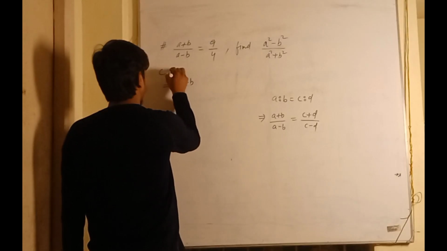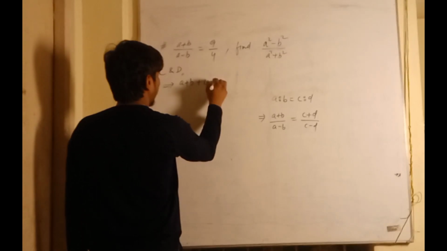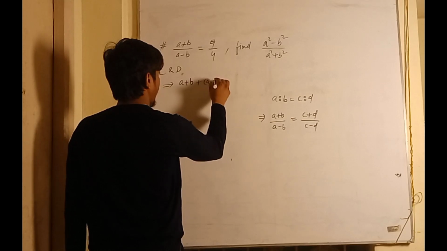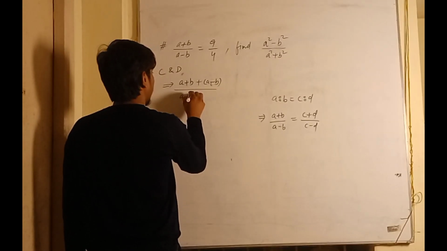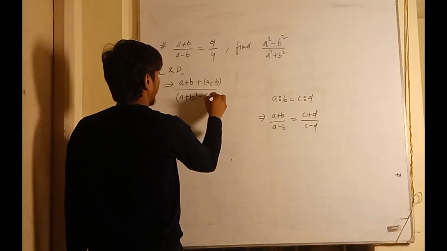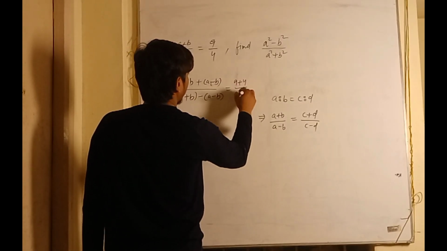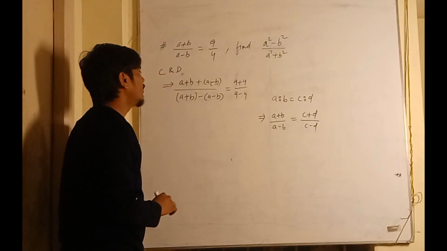If we apply componendo and dividendo both, this will be (a+b+a-b)/(a+b-(a-b)) is equal to (9+4)/(9-4).